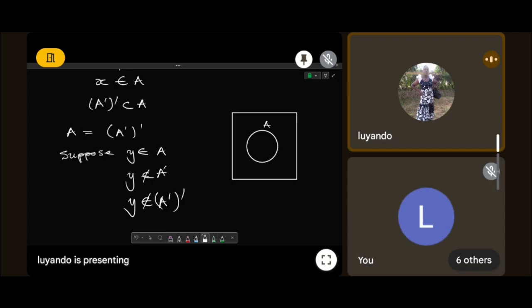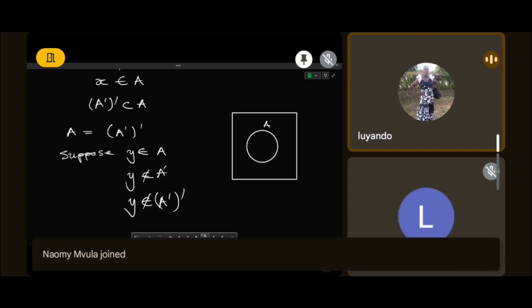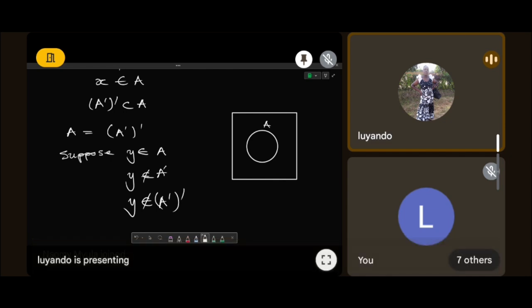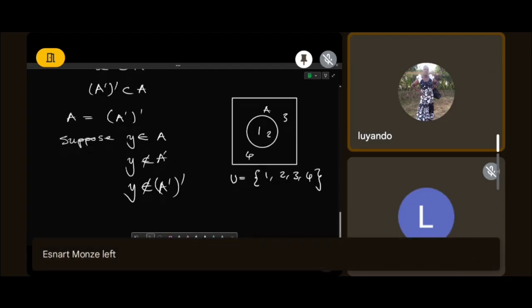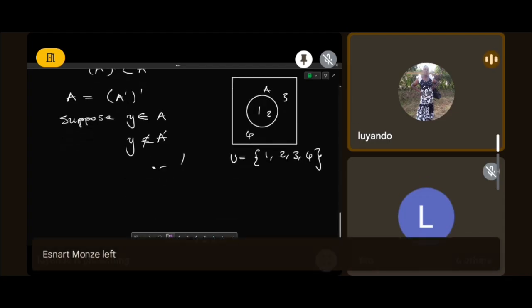If we take this set that I've written here, and I put, let's say we have 1 here, we also have 2, and we have 3 on the outside, and 4. So we are saying that the universal set has 1, 2, 3, and 4.